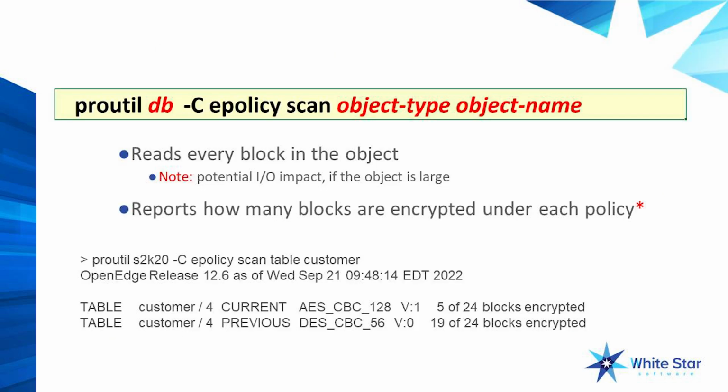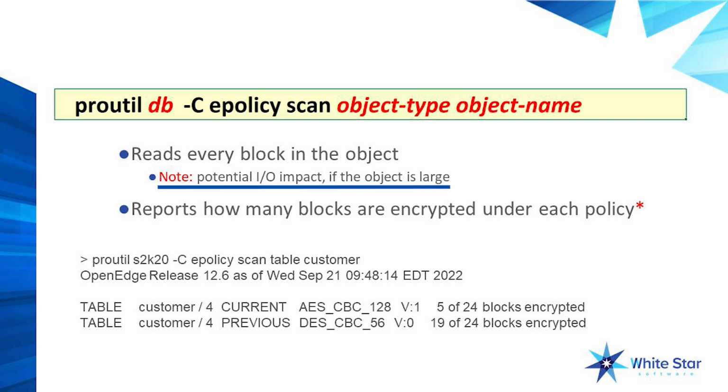So next up is the proutil epolicy scan. Note that it reads every block in the object that you're scanning. So if it's a very large object, you're going to have some I/O impact there. And it reports how many blocks are encrypted under each policy. So here's an example of a customer table. It's table number 4.